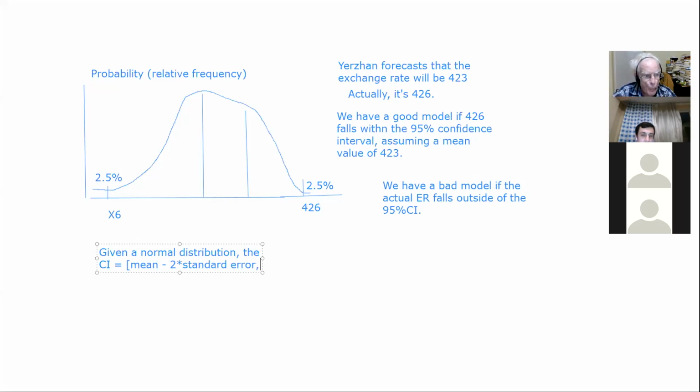So there is the lower bound, and then what would you guess that the upper bound would be? The mean plus 2 times the standard error.